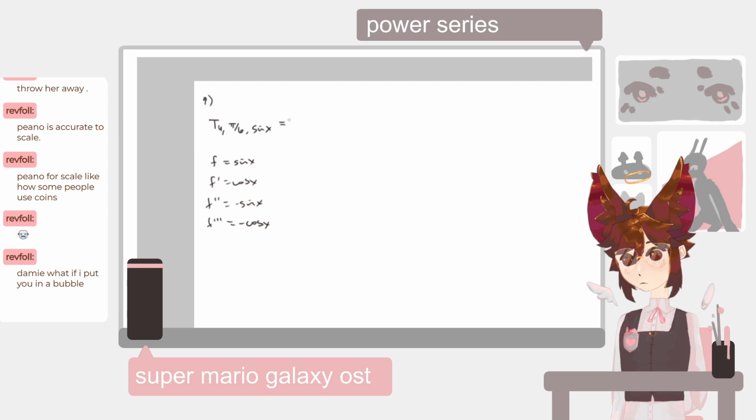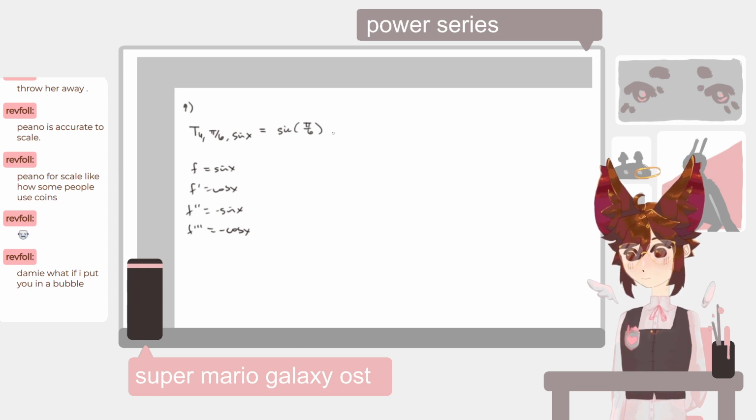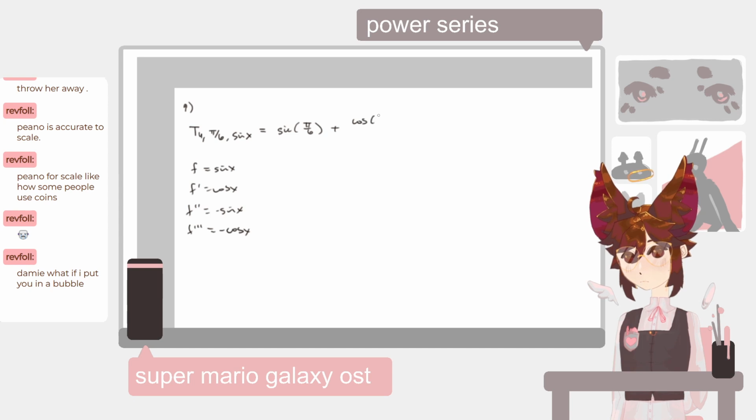Whoa, my computer is not happy with that. Sine of pi over 6 plus cos of pi over 6 times x minus a, which is pi over 6 minus pi over 6.